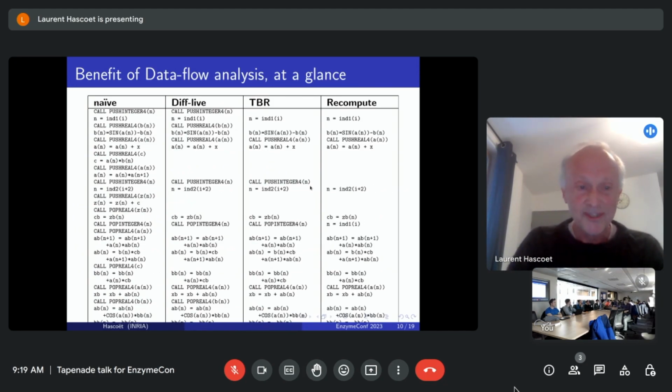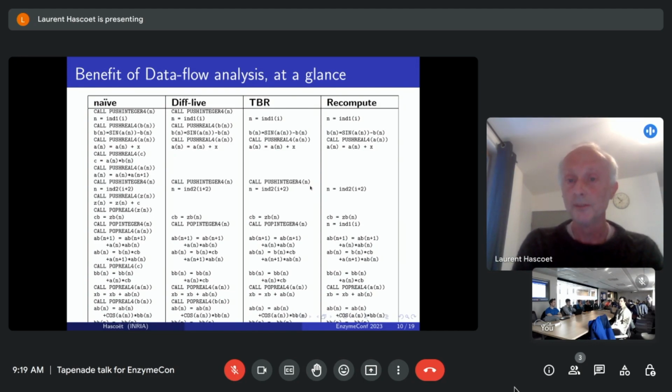Still a little publicity about these data flow analyses to show you how profitable they might be. On the left is, of course, please don't look at the details. It's just a blink of an eye. On the left is the code that you get in the reverse sweep of an adjoint code. If you do not apply any data flow analysis, then if you run diff-liveness analysis, taking away primal code which is not necessary for the derivatives, you get fewer lines.